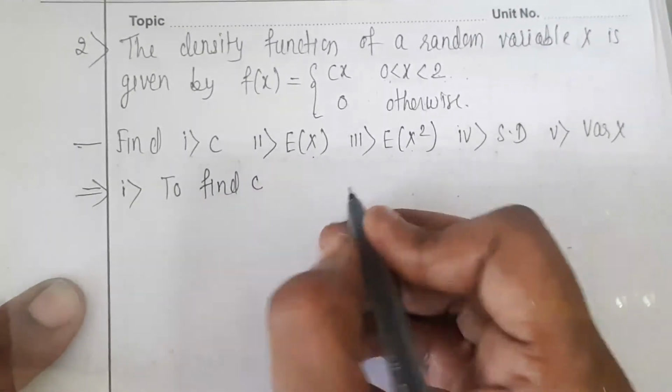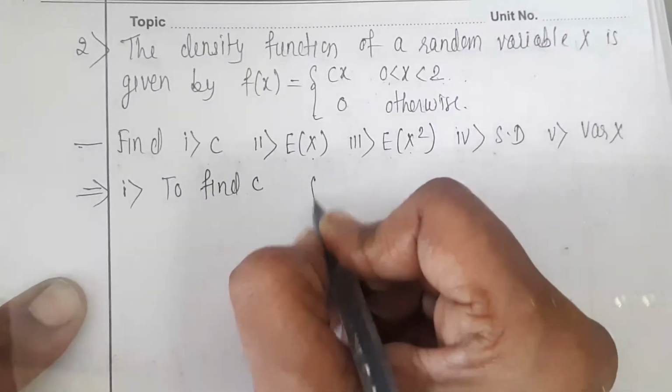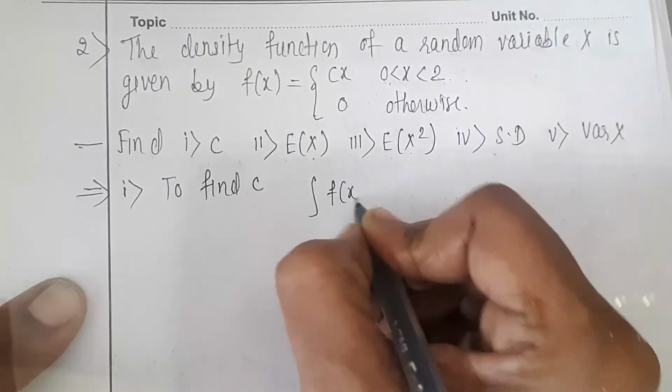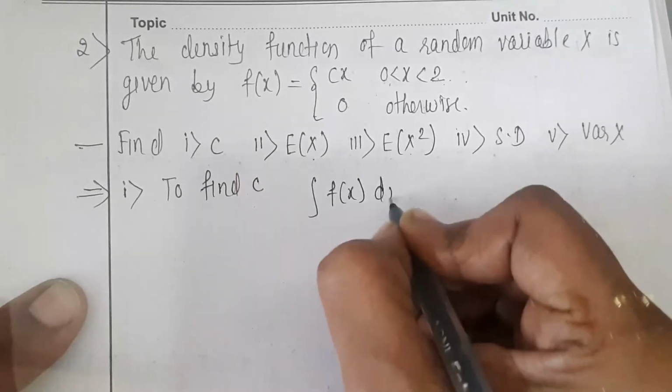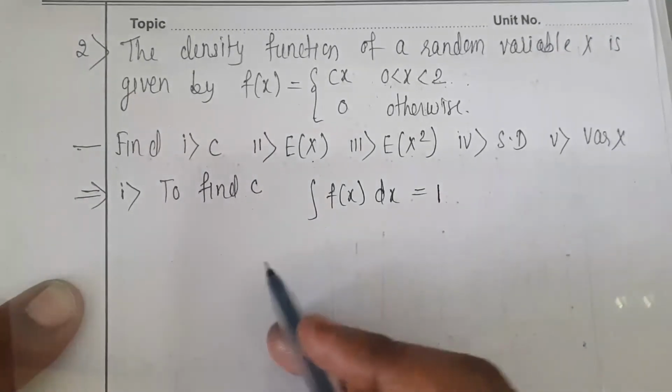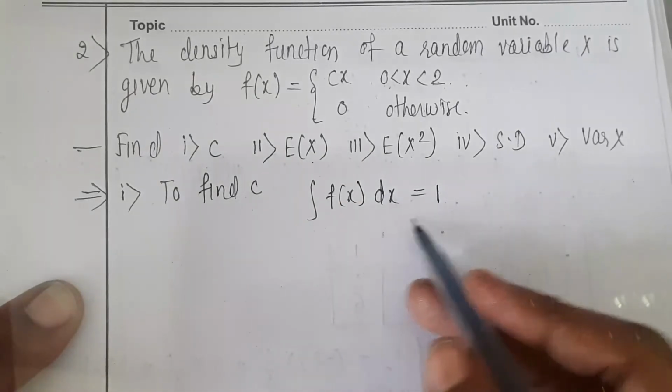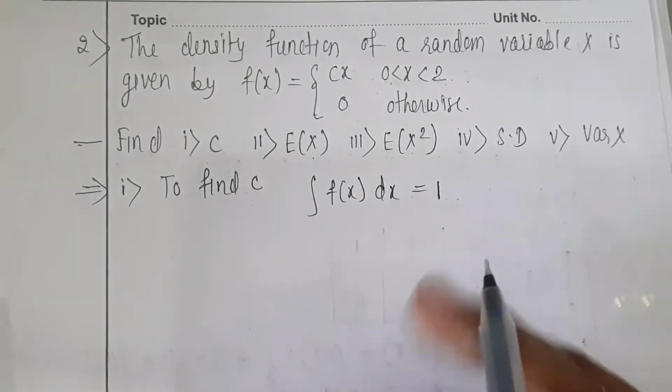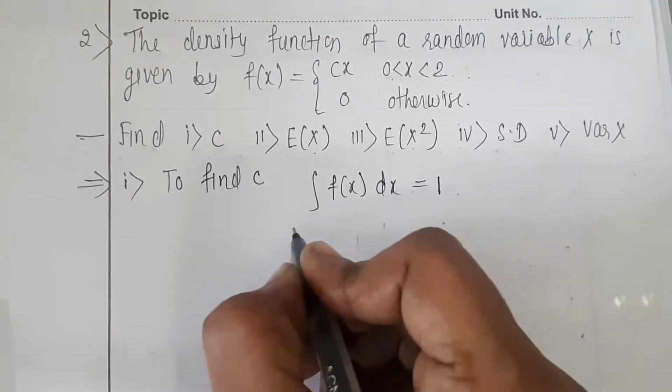To find the value of C, if the problem is of the continuous case, the integration of f of x dx is equal to 1. And if the problem is of the discrete case, then the sum of all values of the probability function is equal to 1.